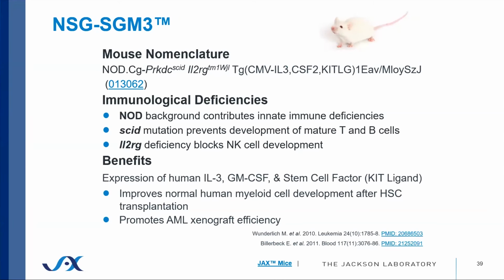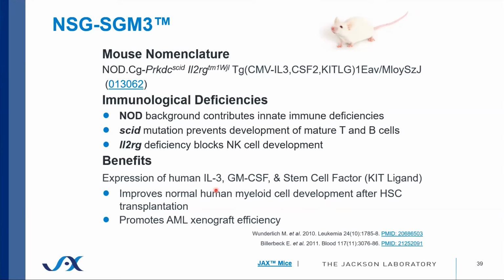So let's spend some time talking about the strain NSG SGM3. Now this strain, of course, has the NOD, SCID, and the IL-2 receptor gamma deficiencies. And in addition, it has this collection of transgenes, the SGM3.